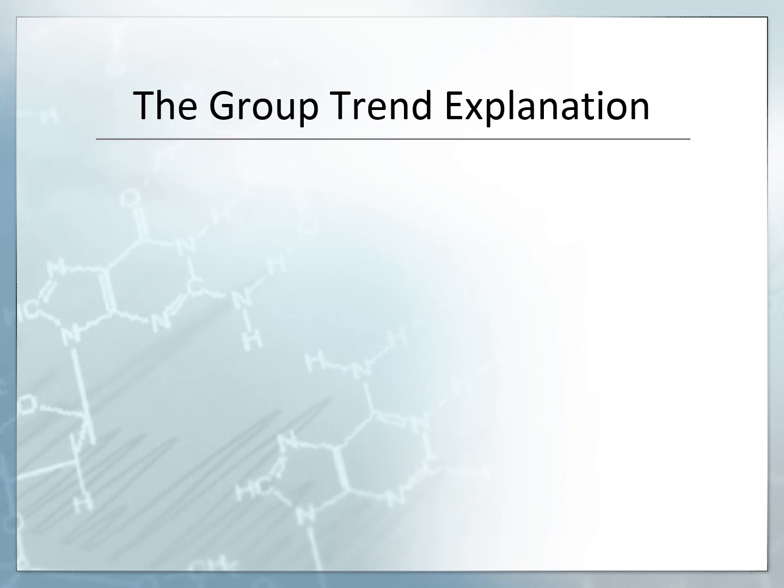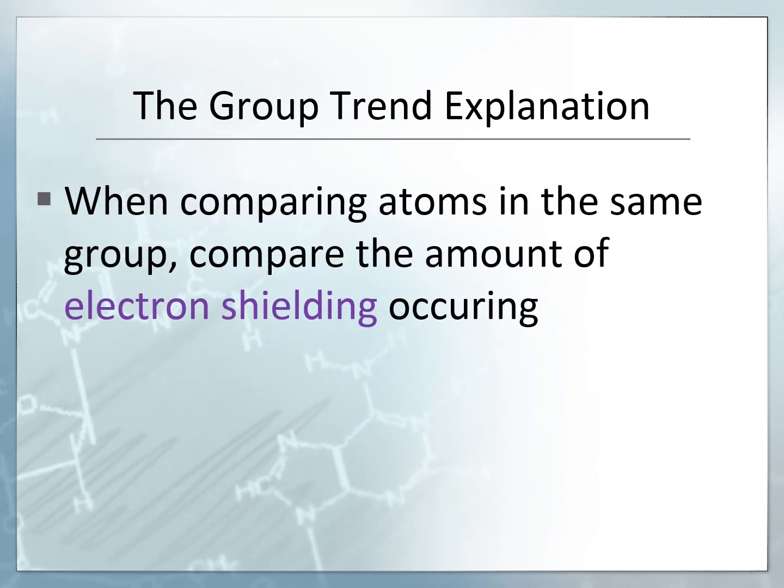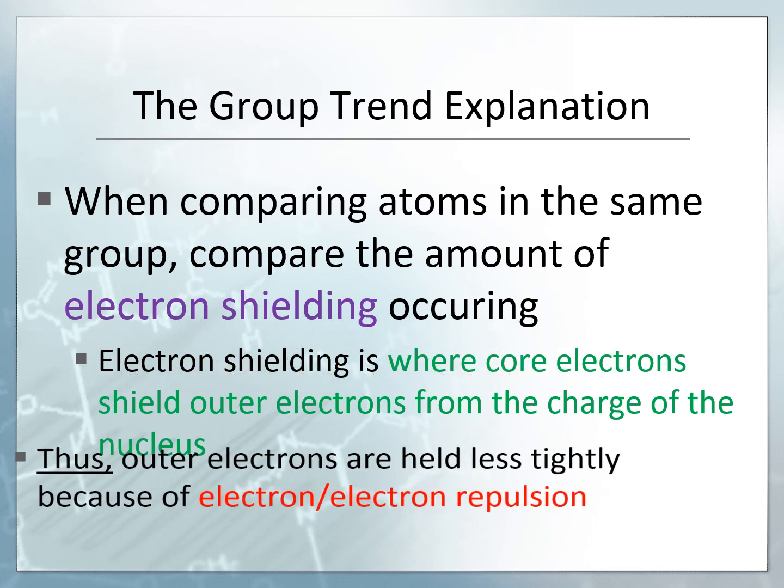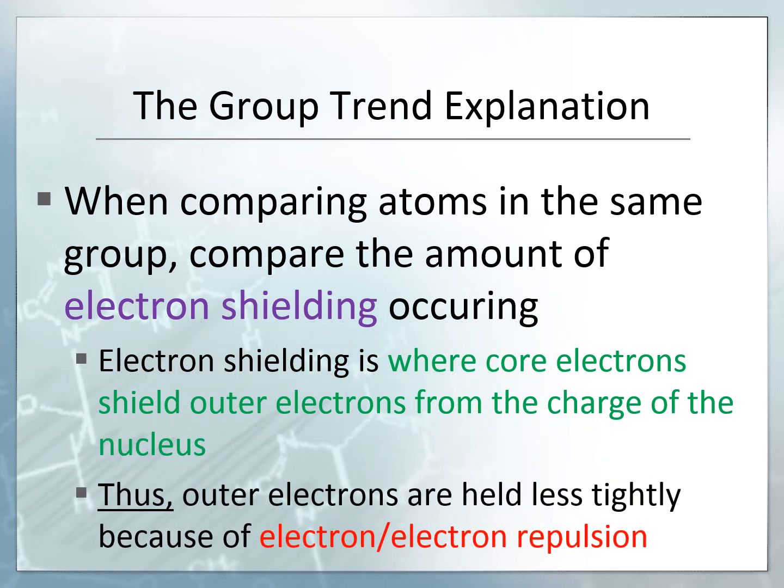For the group trend explanation, when we compare atoms in the same group, group 1, group 2, group 3, compare the amount of electron shielding. Electron shielding is where core electrons shield outer electrons from the charge of the nucleus. Thus, outer electrons are held less tightly because of electron-electron repulsion.